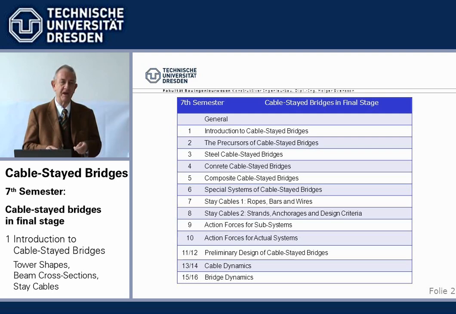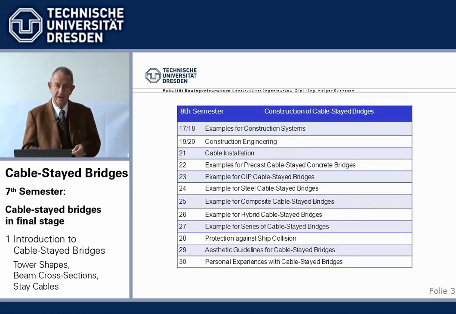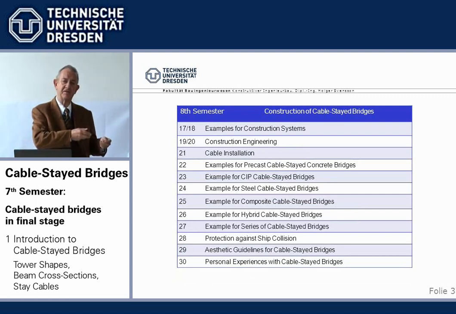So it's very basic, but that will enable you to understand the flow of forces and how to put the thing together. Now, in the next semester, we will then talk about the construction of cable-stayed bridges. This is, for a practical engineer, at least as important, the construction, as the final stage.